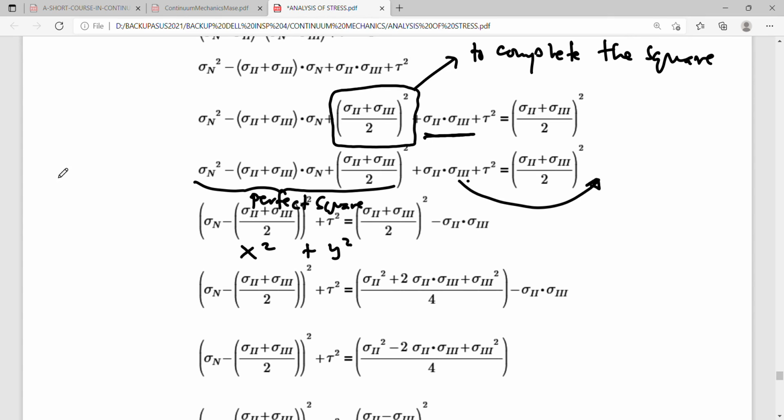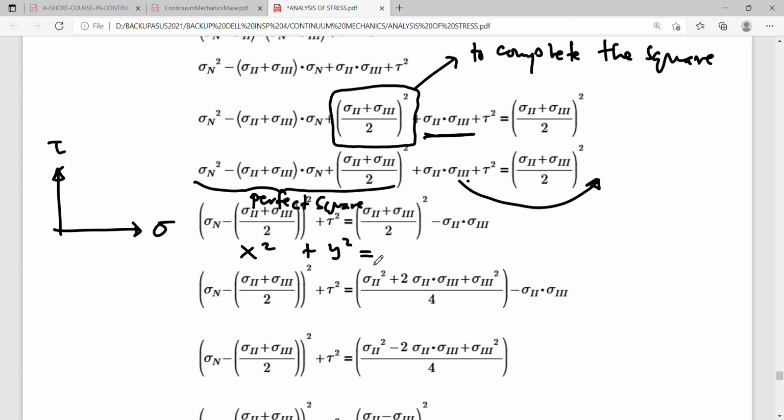So if I have here an axis converted into a sigma-tau axis, this is my x-axis, this is my y-axis. So this is x squared plus y squared.